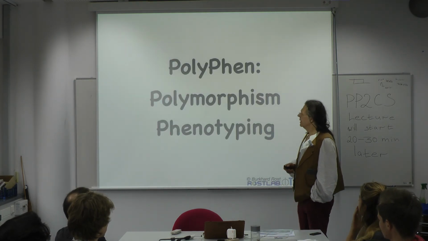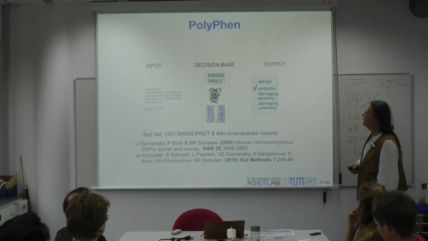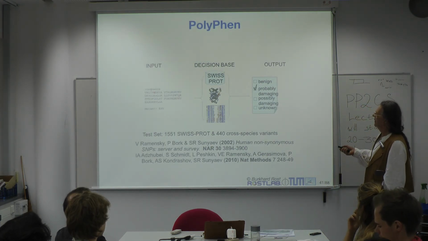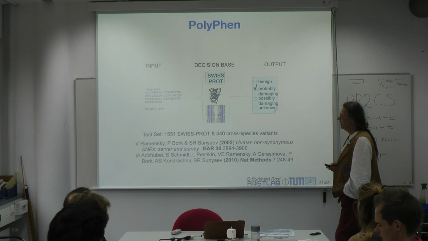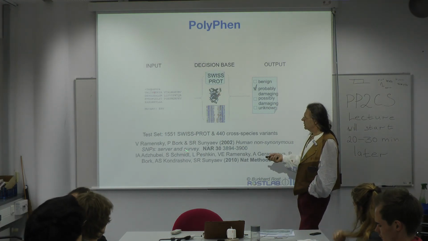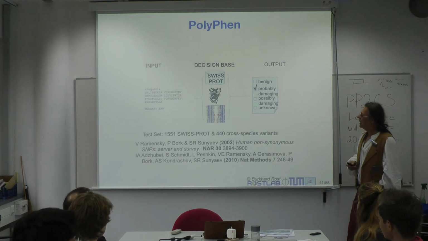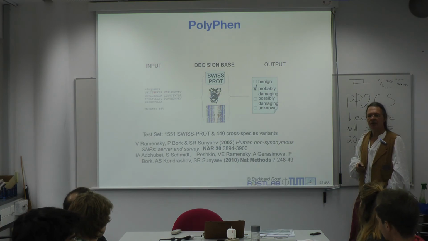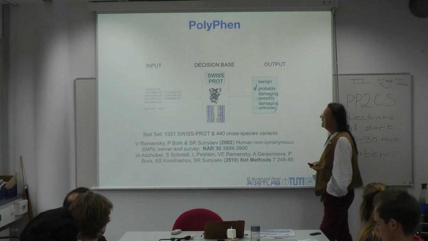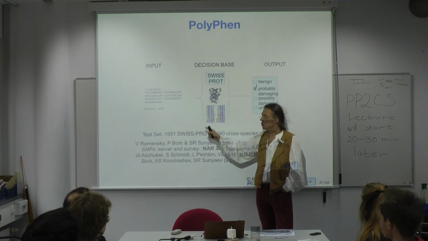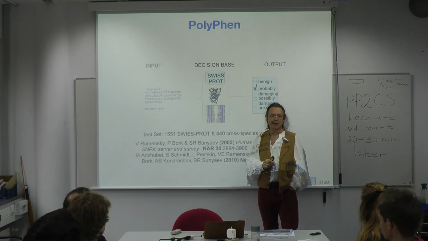In PolyPhen, the same idea is used, but the way the math is compiled, and this is from Sunyaev, is different. When I say whether you're conserved at a position, I said there are these blue things that are entirely conserved.